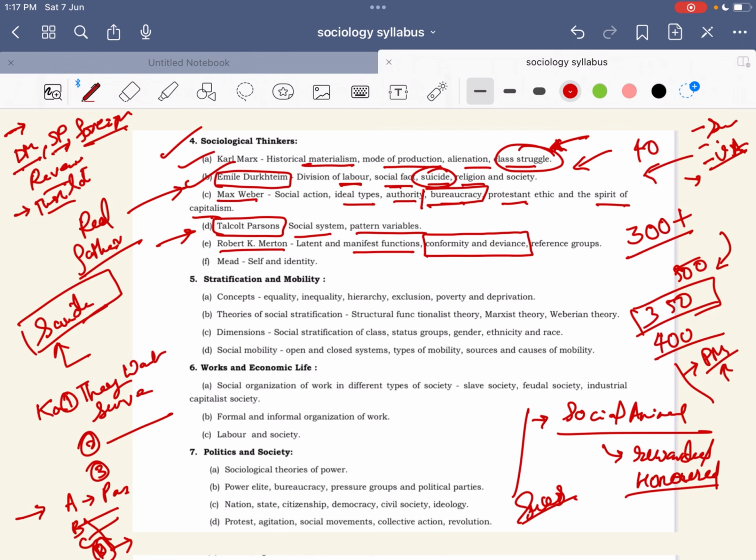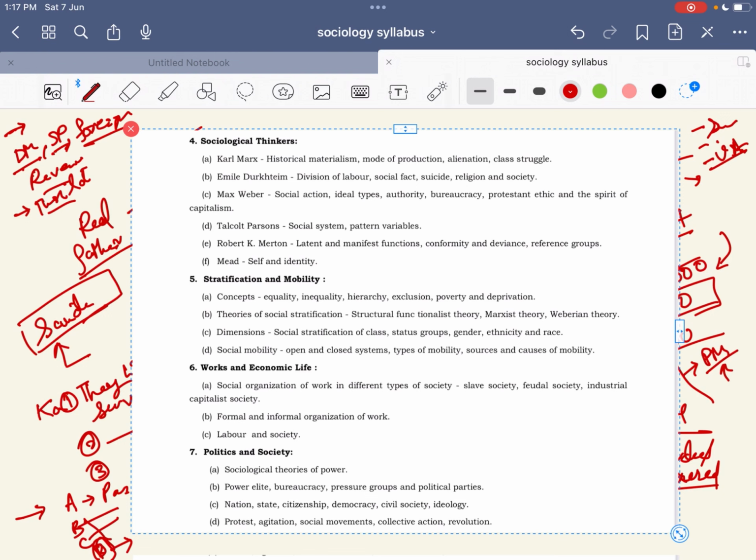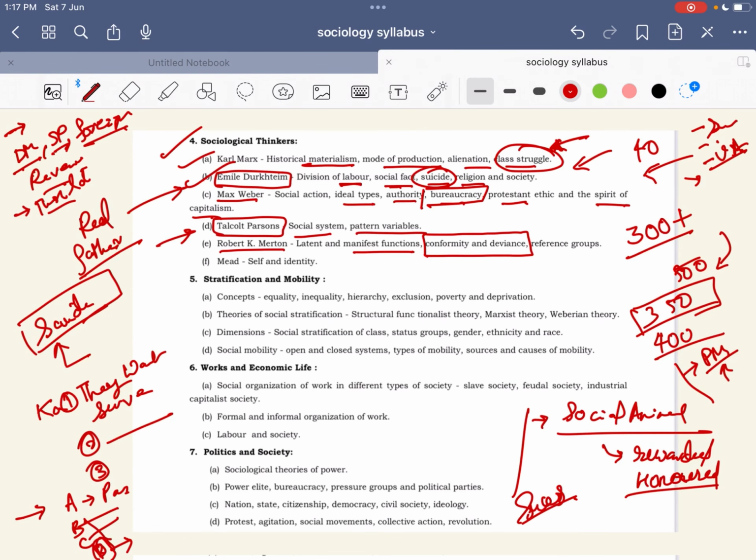So when you are in conformity to the rules of the society, and then there are some people in the society, understand what I'm telling, then there are some people in the society who do not follow the society's rules, then they are called deviant, because they want to change the society और वो society की कुछ नहीं सुनते. So that thing is there, conformity and deviance.